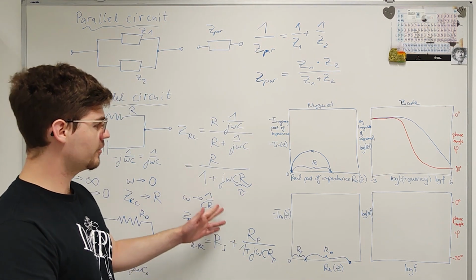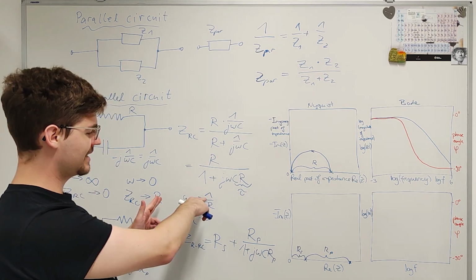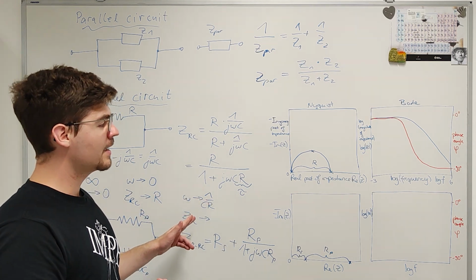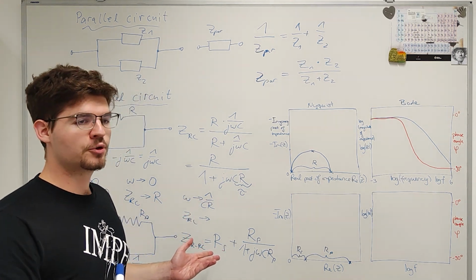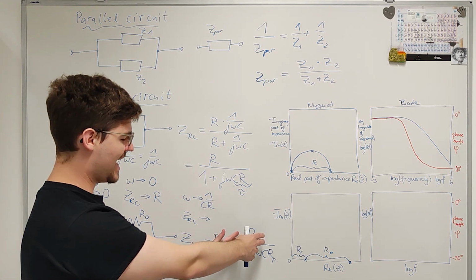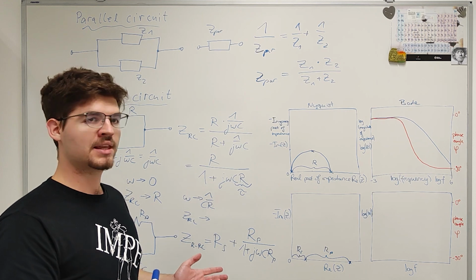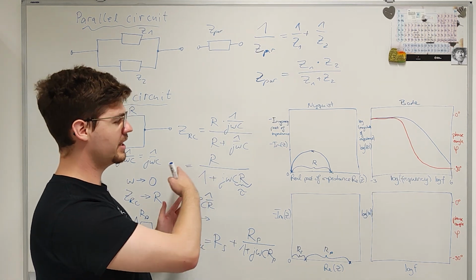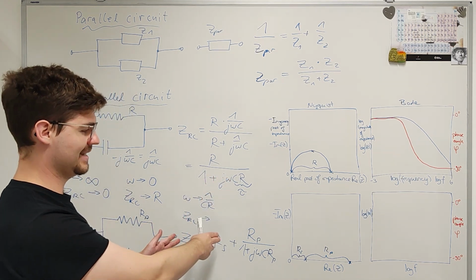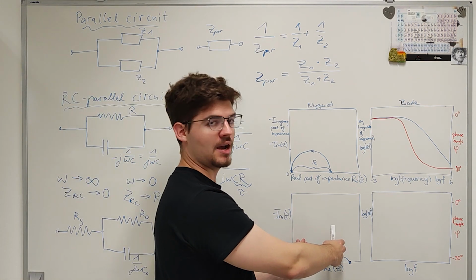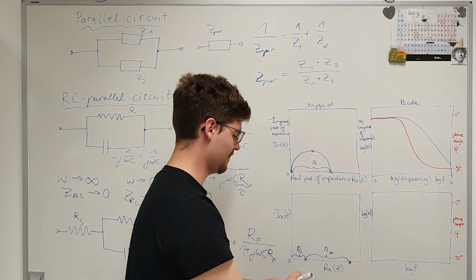And now, in terms of what happens when omega tends towards 1 over CR, we really don't have to rethink this, because this term is just added to the RS, so the same shape will apply. Everything that we have done now is for every single value of the frequencies, we add RS. So we've shifted the semicircle over here.